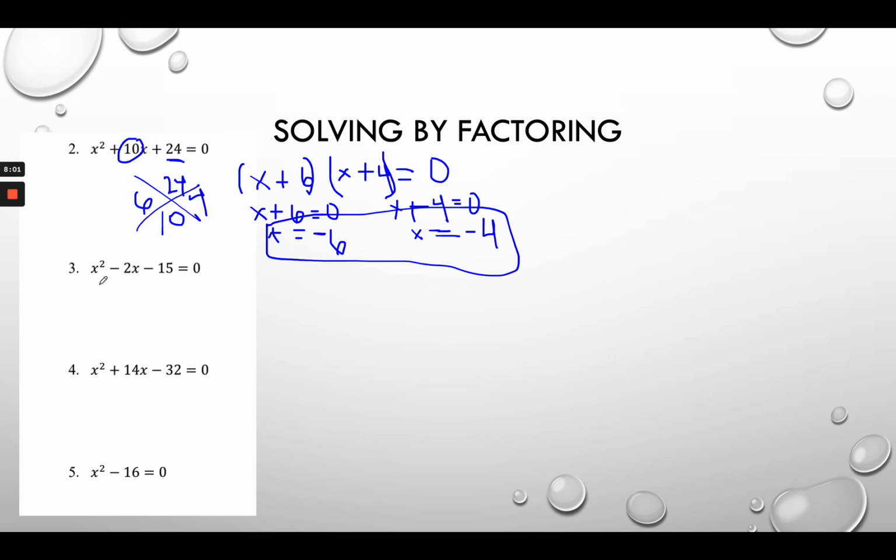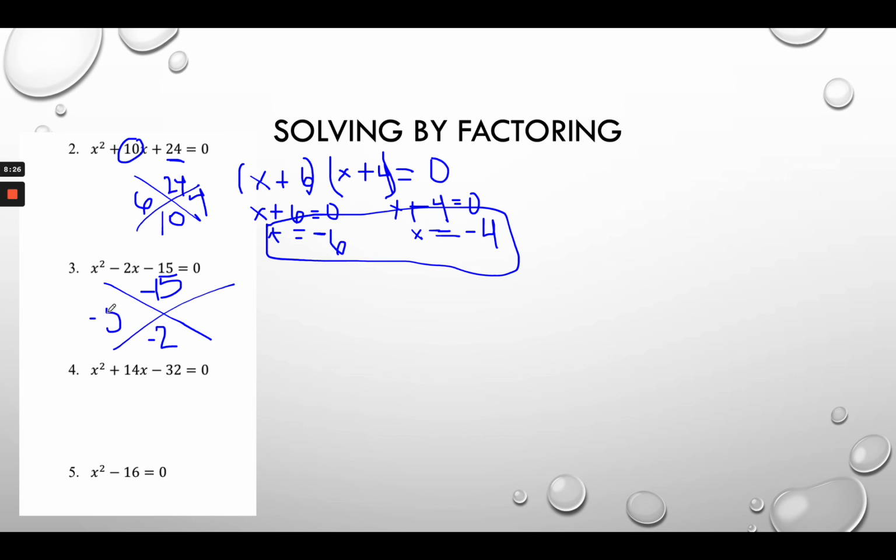Okay, next one. x squared minus 2x minus 15 equals 0. This is standard form, but we want it in factored form. So we're going to factor it by thinking of 2 numbers that multiply to give you -15, but add to give you -2. So we're going to have some negative numbers in this one. So far we've only done positive.